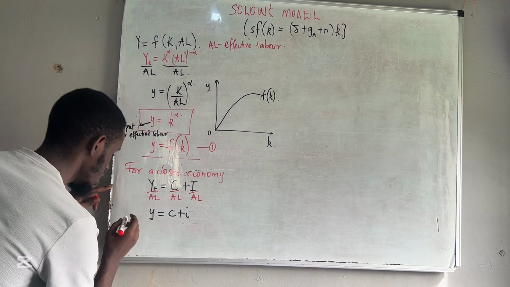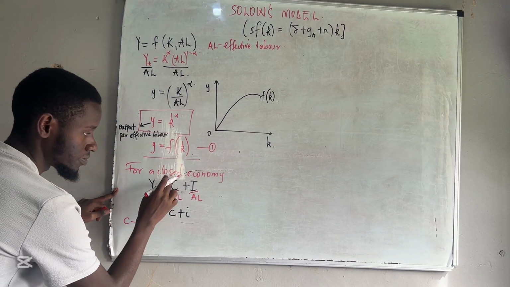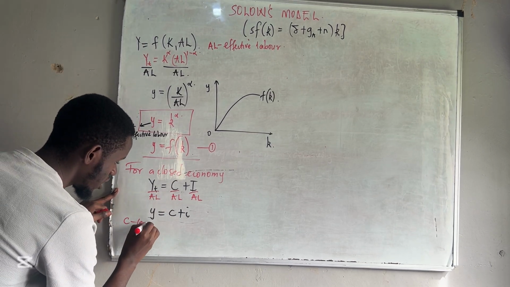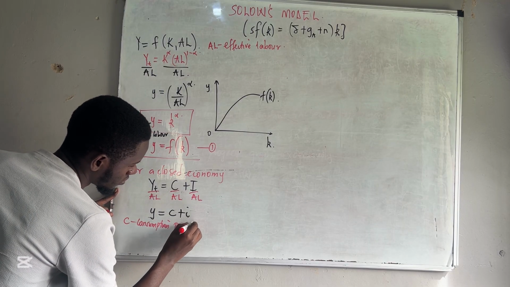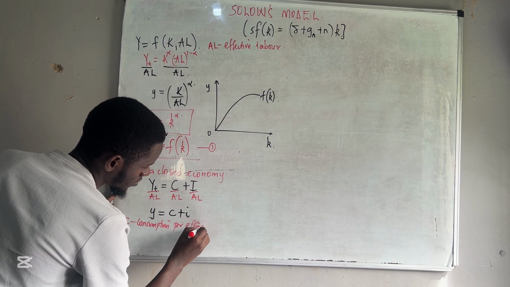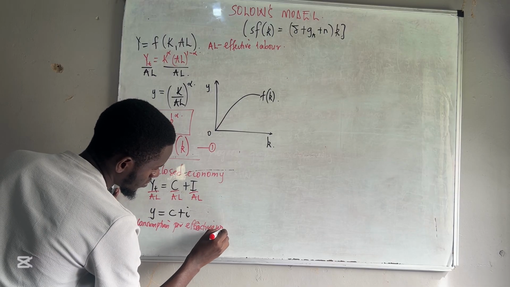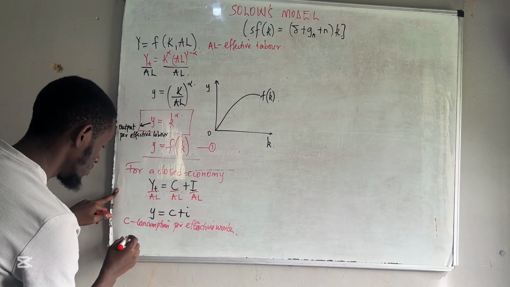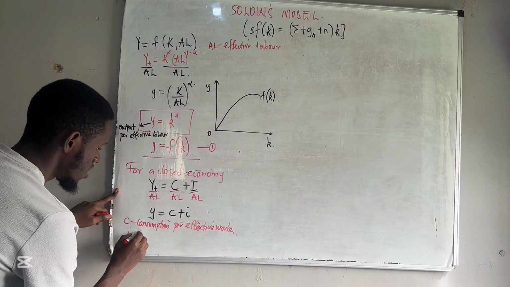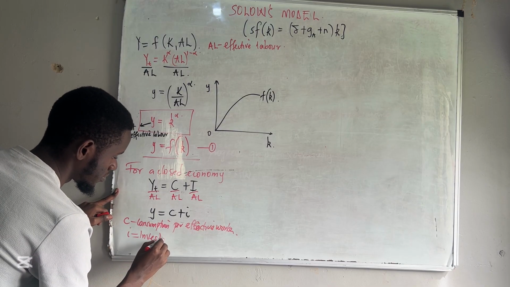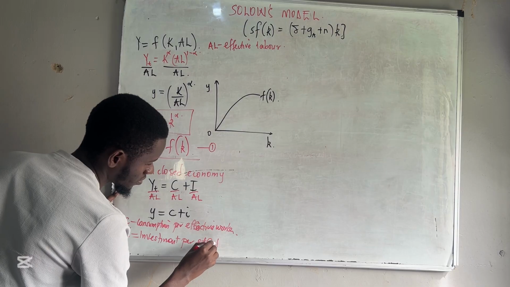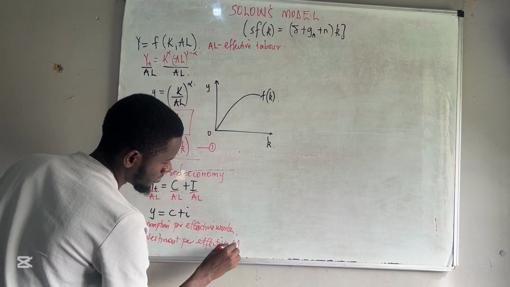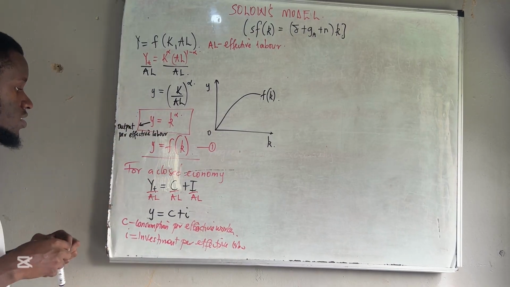Small c is called consumption per effective worker, and small i is called investment per effective worker, or labor.